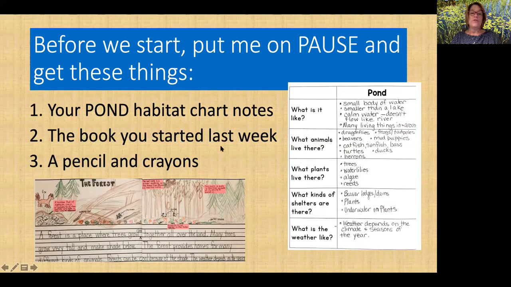The book that you started last week, the last page you did was the forest page, and you will need a pencil and crayons. Go ahead and put me on pause, and I'll wait for you while you get your things. Welcome back. Thank you for getting all your things, and away we go.